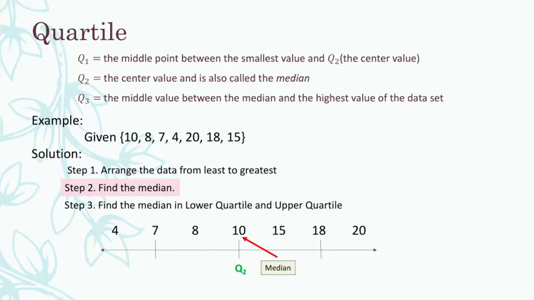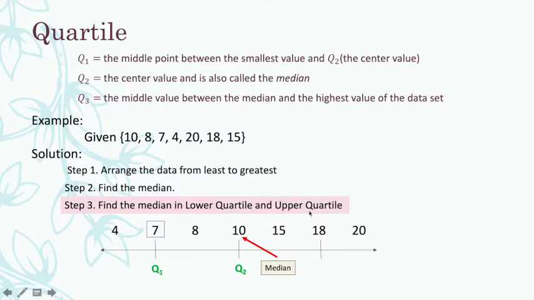On the left side of your 10, what are these values? These are 4, 7, and 8. This is the lower quartile, so you can get here the Q sub 1. The Q sub 1 is the median of the lower quartile. What is the median in the lower quartile? It's 7.